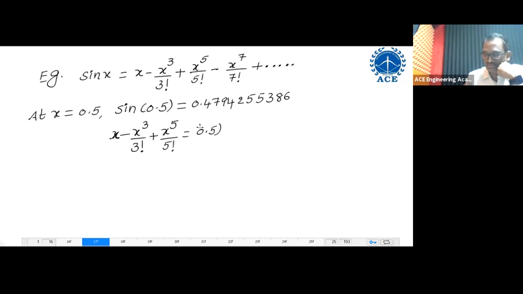Simplify this and let me know this value.